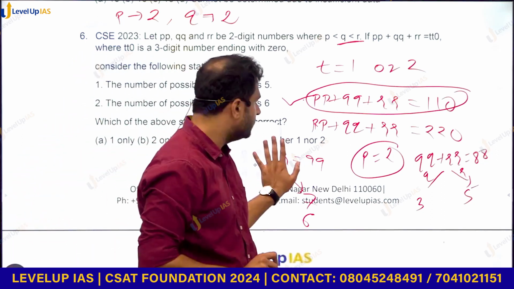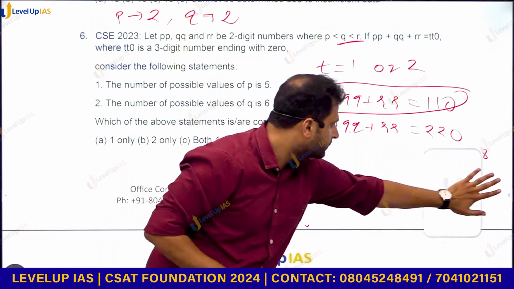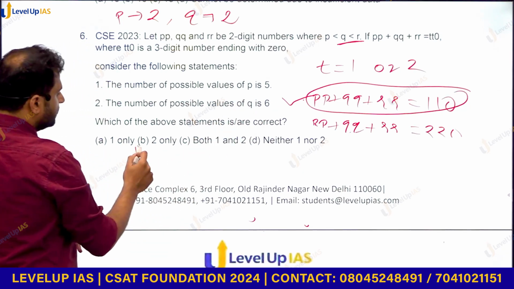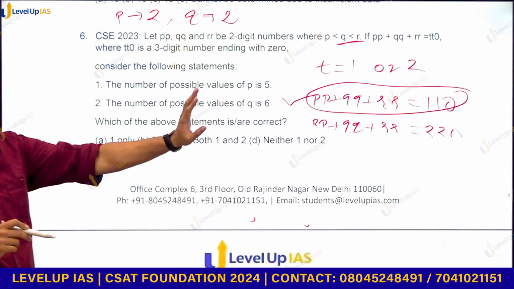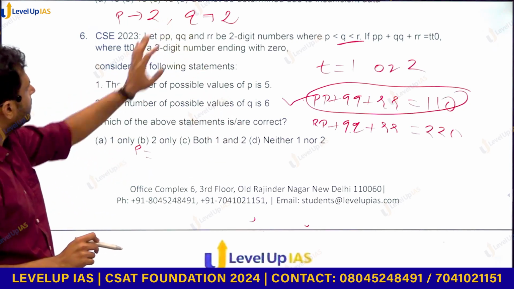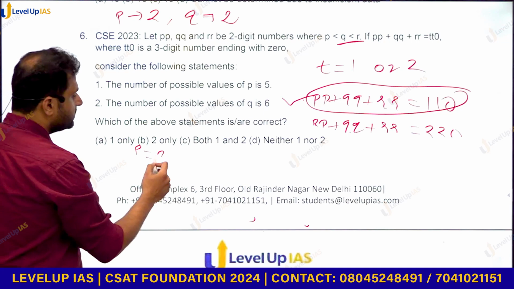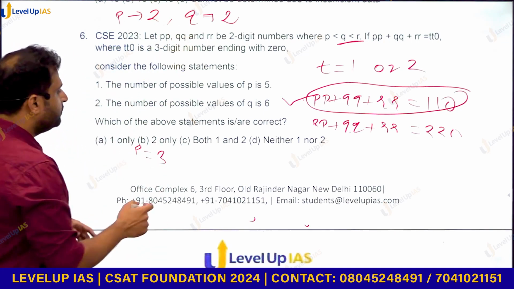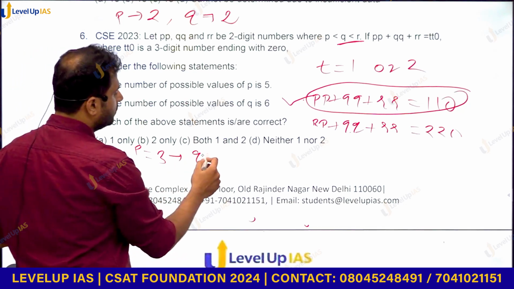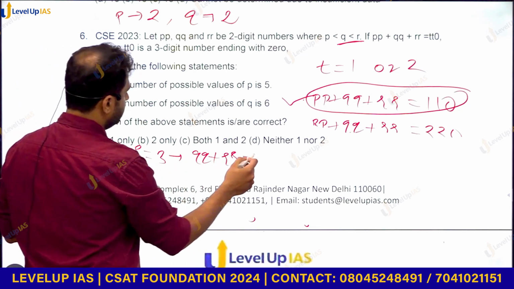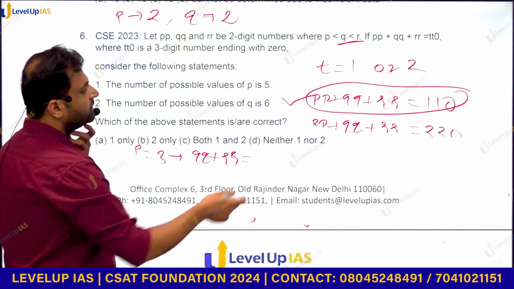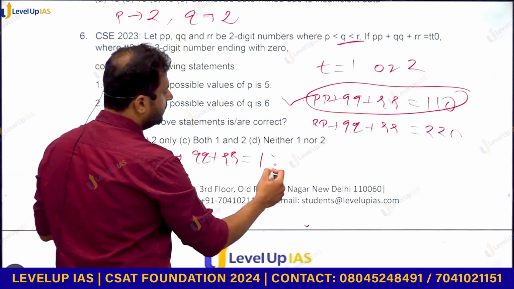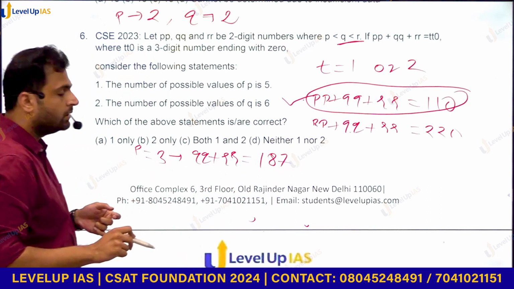Similarly, we have to check for the second equation, PP plus QQ plus RR is 220. So if P is equal to 1, that we already know. P is equal to 2, that we also already know. So we'll check from P is equal to 3 and onwards because those possibilities we have already ensured. So if P is equal to 3, then we have QQ plus RR is equal to, we subtract 33 from 220 now, which will get 187, right?